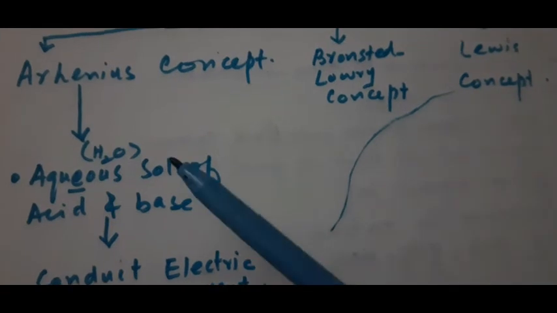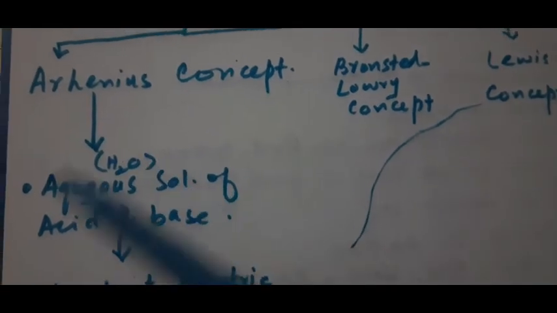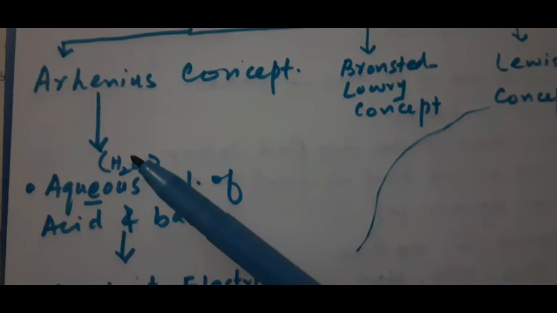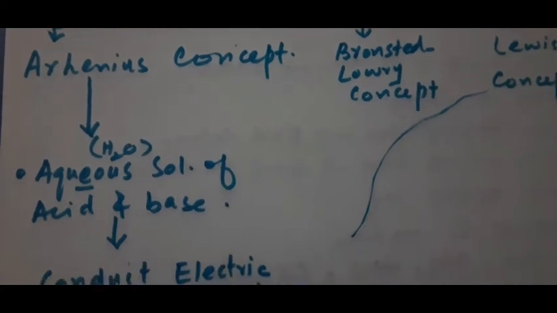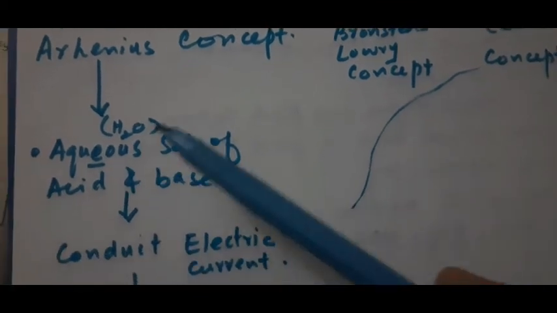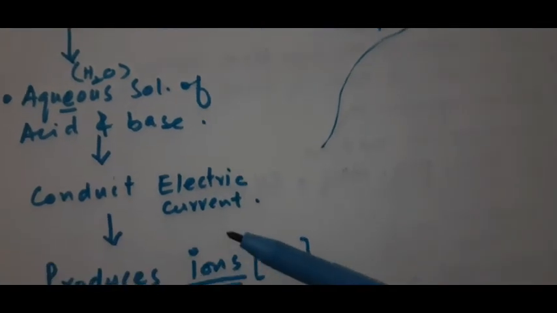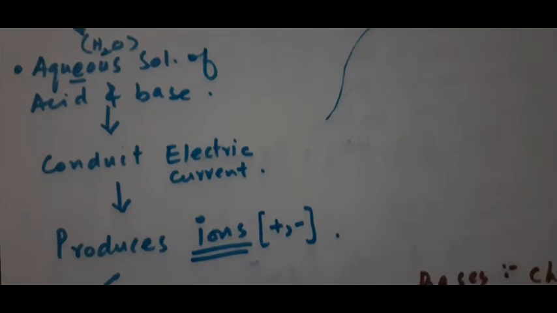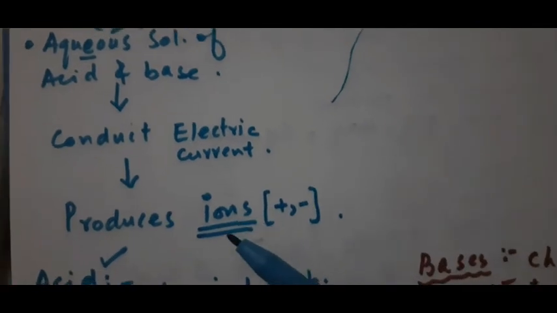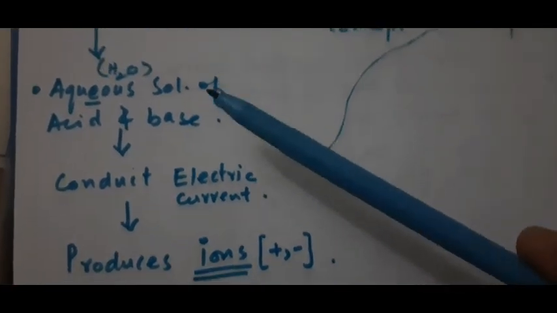Arrhenius, a Swedish chemist, explained the aqueous solution of an acid and base. He explained that aqueous solutions of acids and bases conduct electric current when they produce ions. This is the concept of Arrhenius.